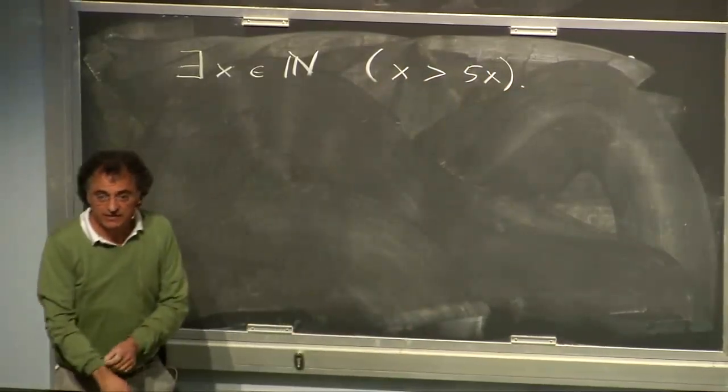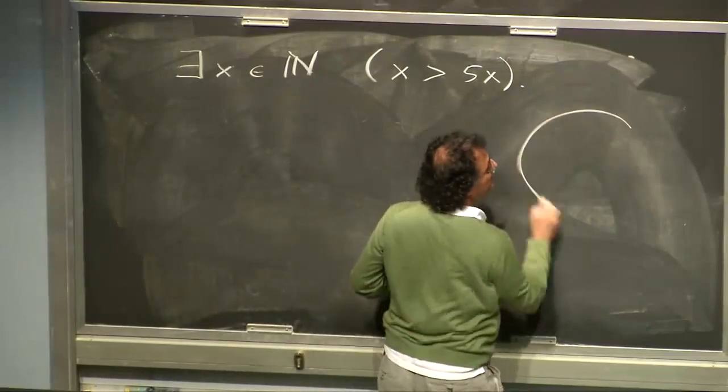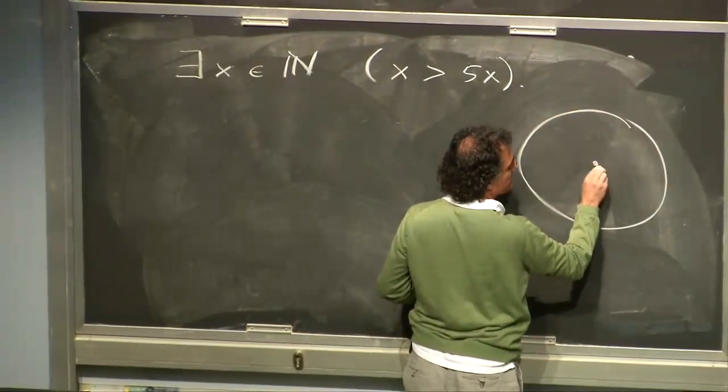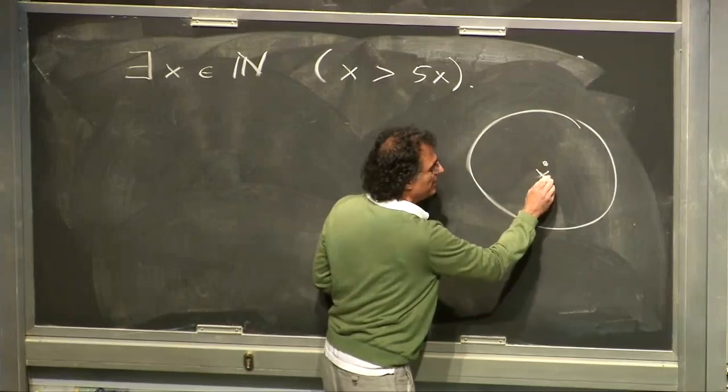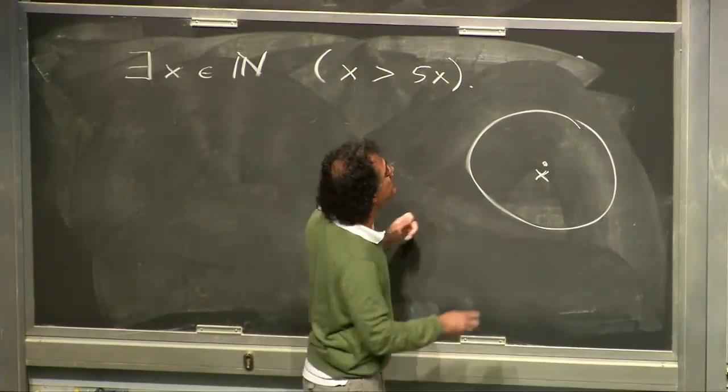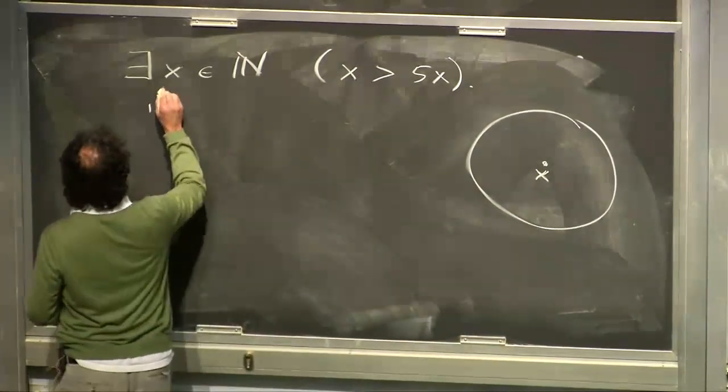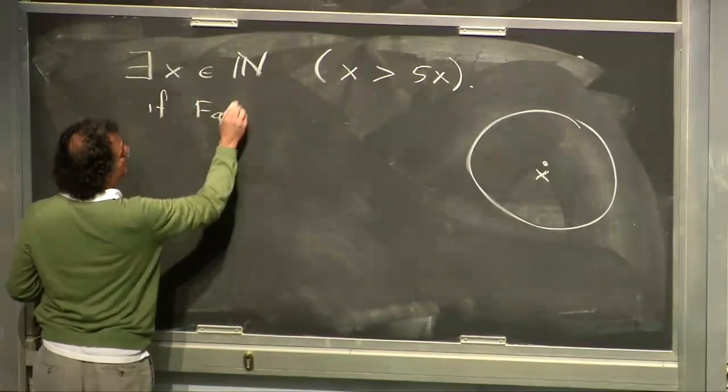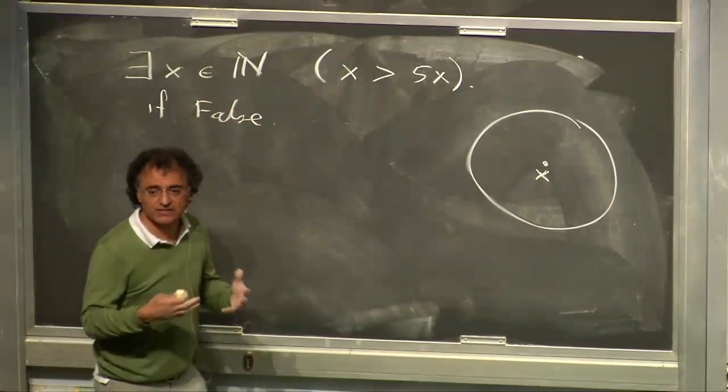There is such an element. So you have your universe, and you are claiming there's such an x. Now, what happens if this is false?